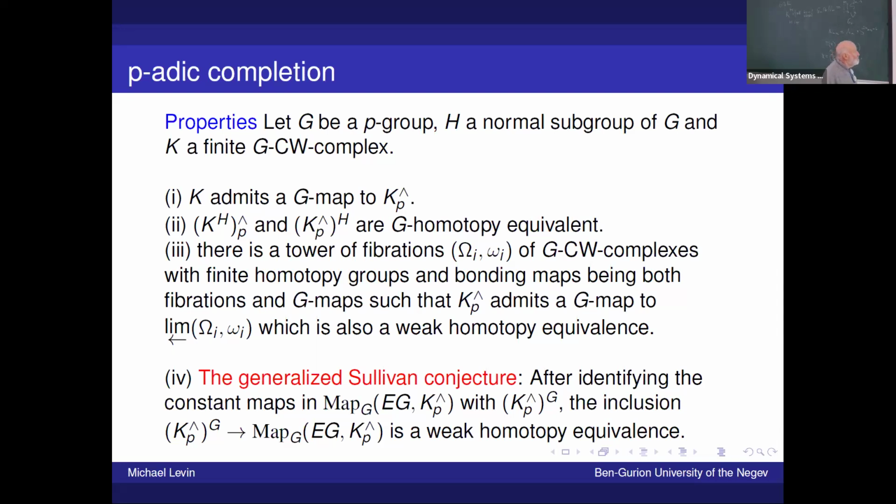This is more or less what we need for proving the periodic strengthening of the main proposition.